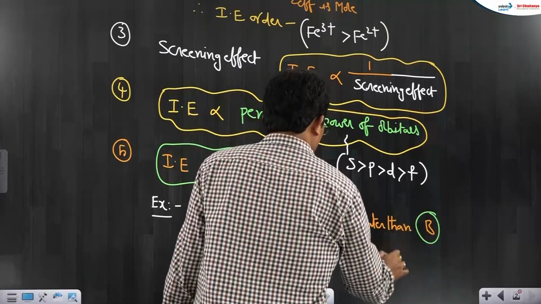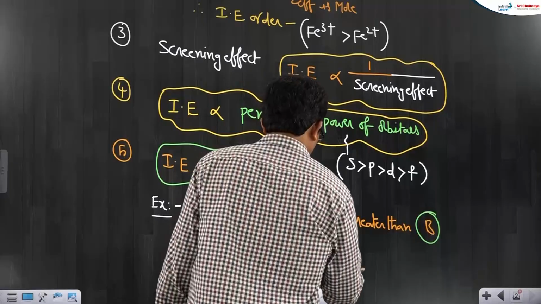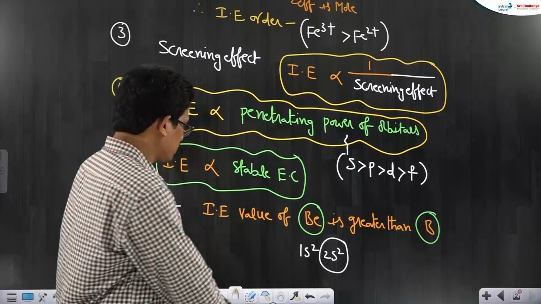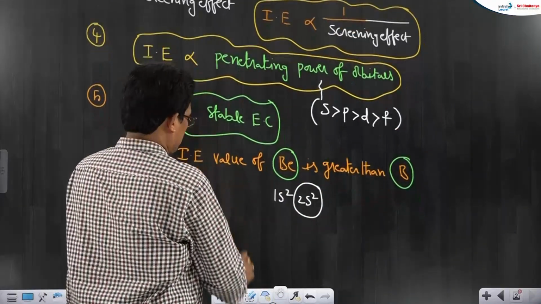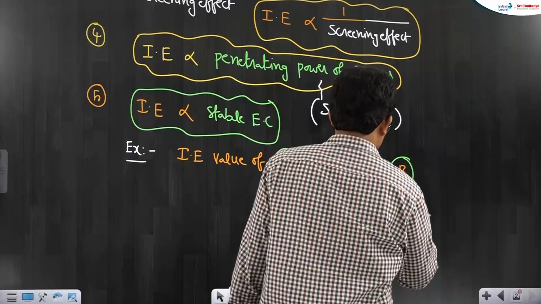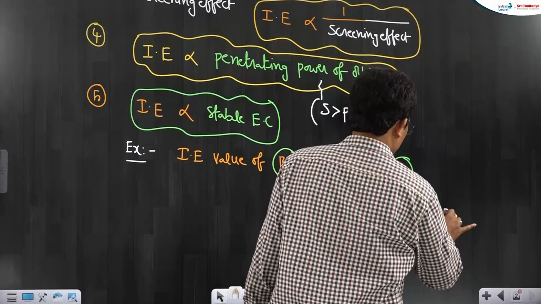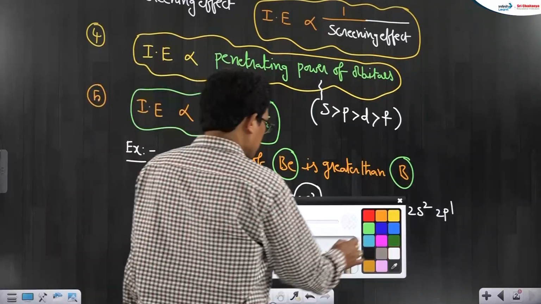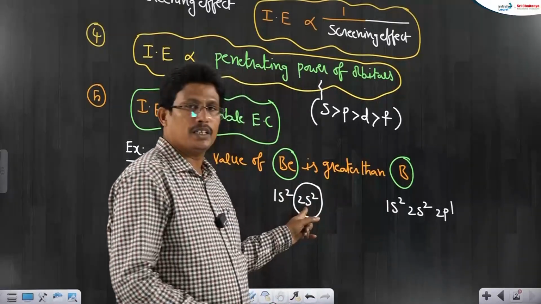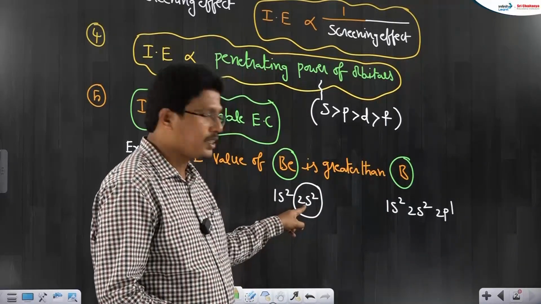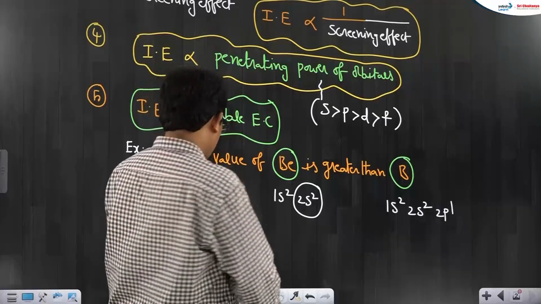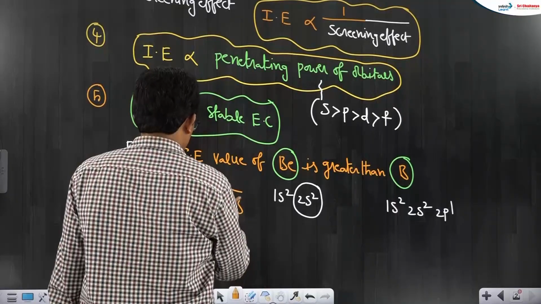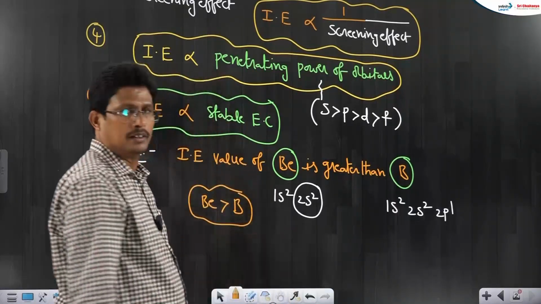If you observe the configuration of beryllium, beryllium valency shell contains completely filled s orbital, whereas boron valency shell has incompletely filled p orbital. So, completely filled configuration is more stable. That's why it requires more energy to lose electron. That's why ionization energy of beryllium is always greater than boron in second period.